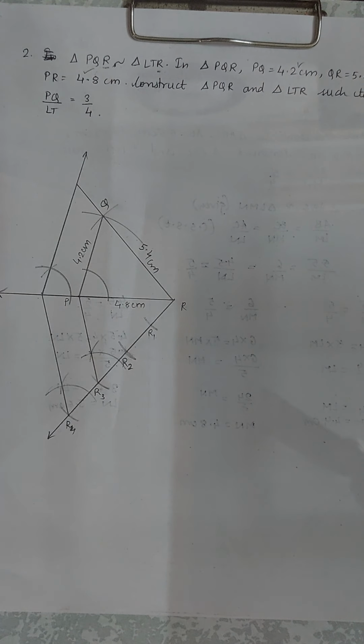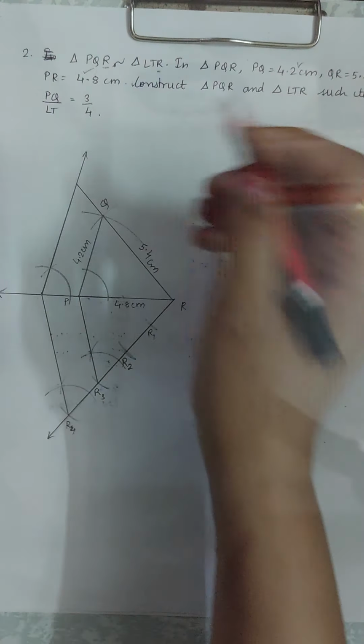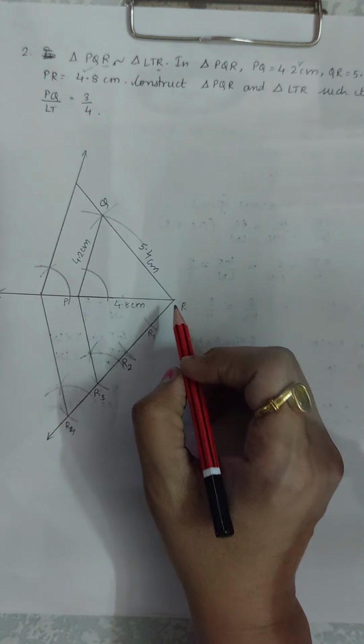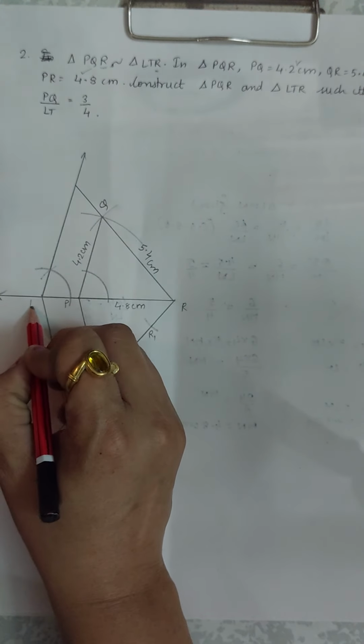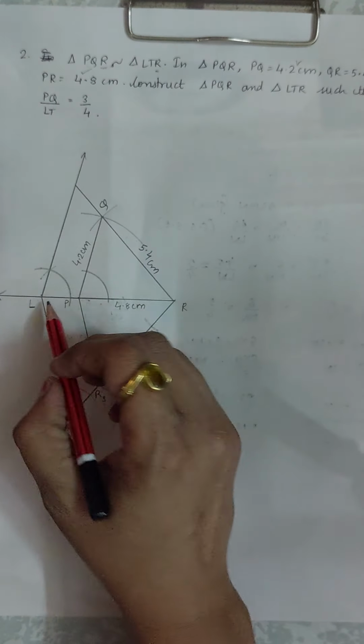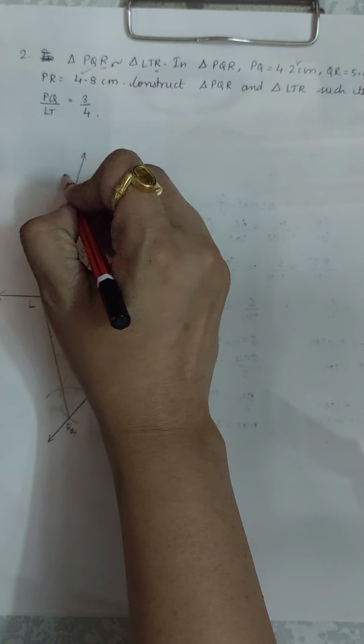You can extend this further and you will get this as triangle LTR. Okay, I hope it is very clear to you. So this is triangle L, this is R, right? So here PR is corresponding to which side? It is corresponding to side LR. Okay, so L, then here you will have T, and here it will be R. Okay, so I hope it is clear to all of you. There is no confusion.